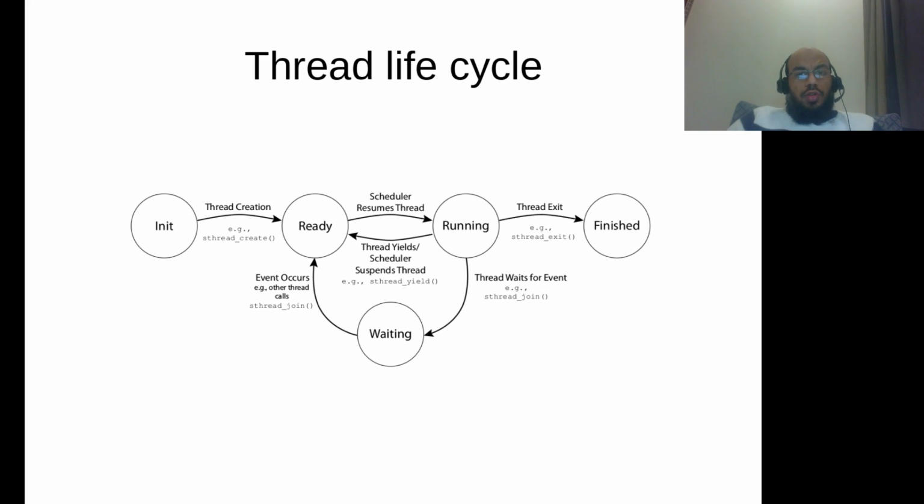A thread that is running might, after doing some stuff, need to fetch data from memory or from hard disk, and that means that it needs some I/O. Or it can be just waiting for me to move my mouse cursor.